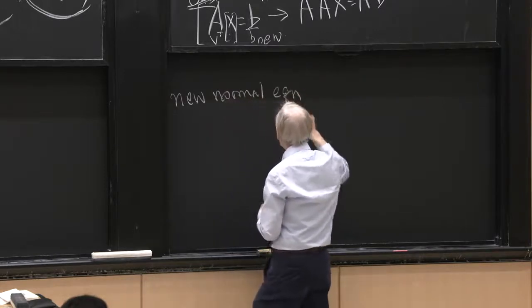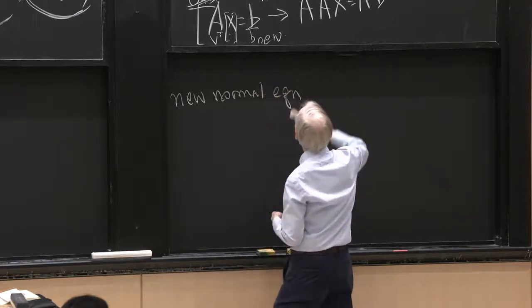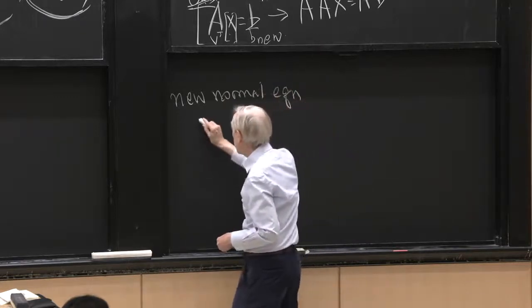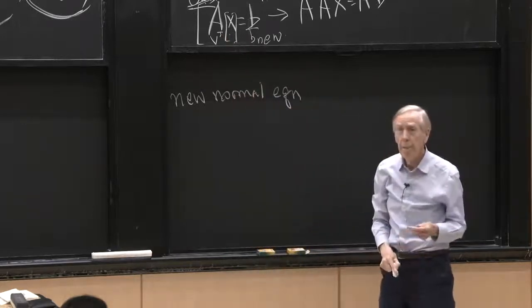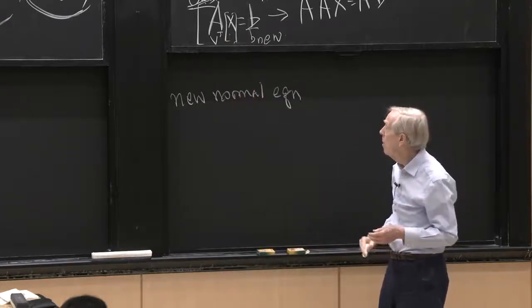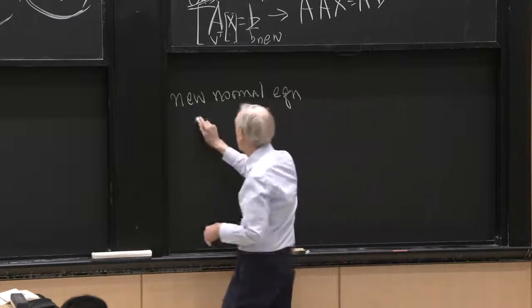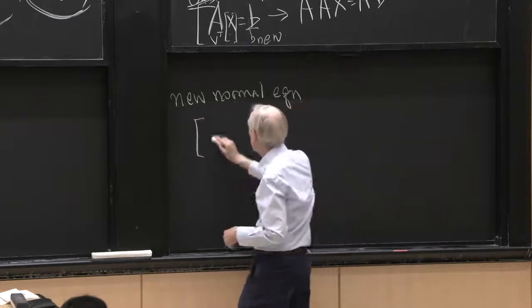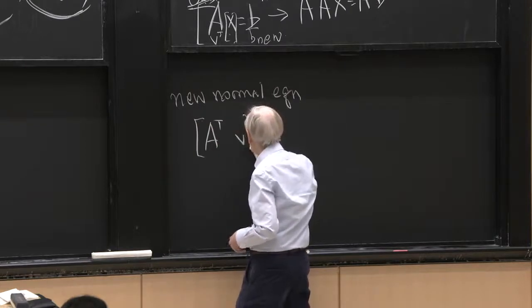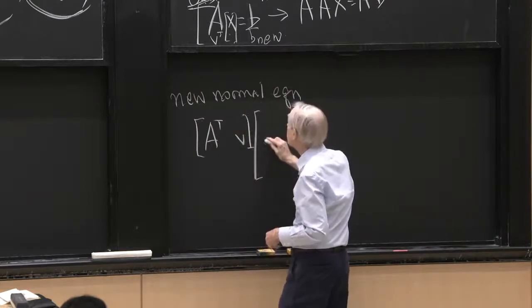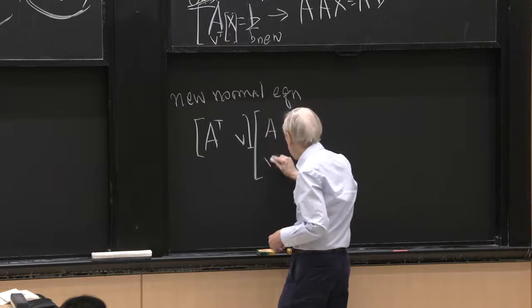equation, then the A, or A transpose, so A has got a new row. A has got a new row. So A transpose will have a new column. I'm just copying the normal equation, but I'm giving it its new thing. It's got a new column. This is my A with the new row.